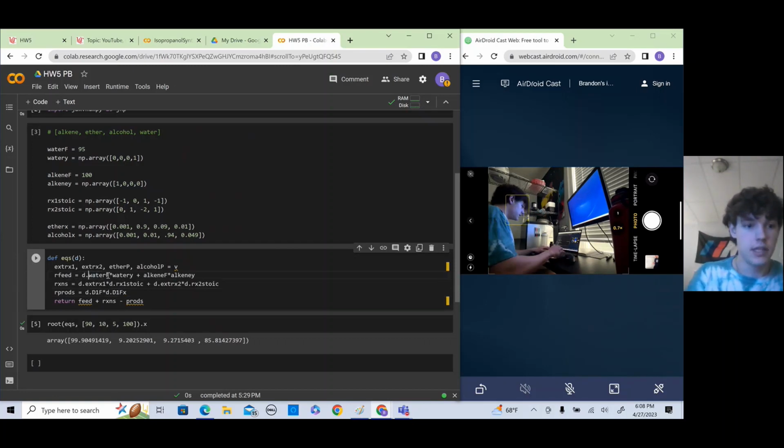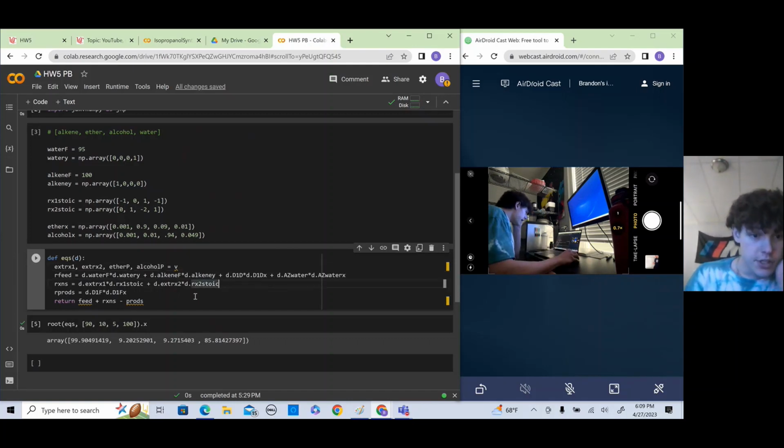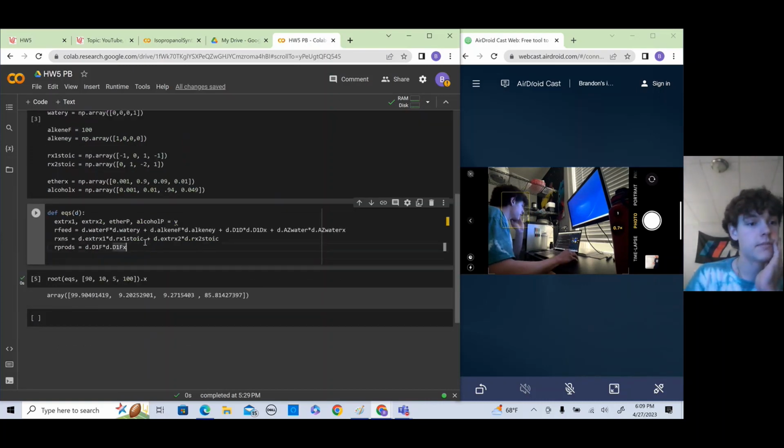Forgetting the d dots here, it will be our d dot water F times our d dot water Y, d dot alkene F times our d dot alkene Y. But now, since we're accounting for what's being recycled, we're going to have our d dot D1D multiplied by d dot D1D X, plus our d dot AZ water times d dot AZ water X. That should give us everything we need for our reactor to start off with.